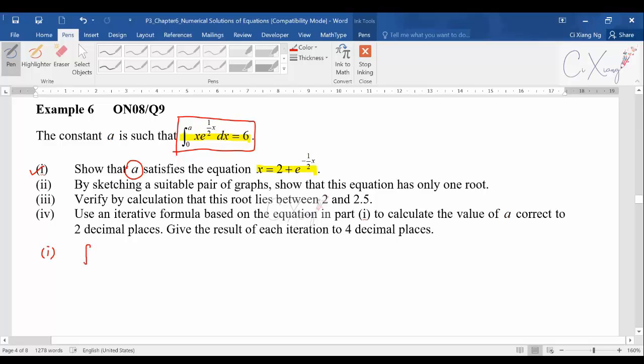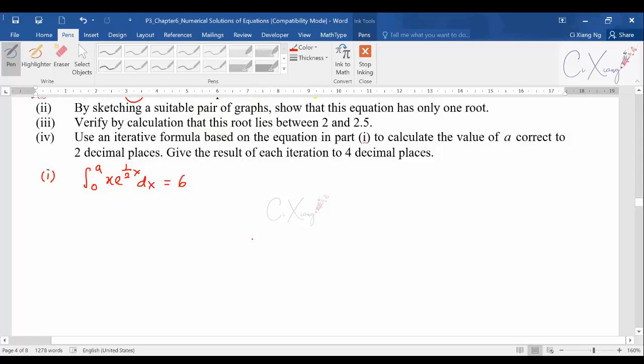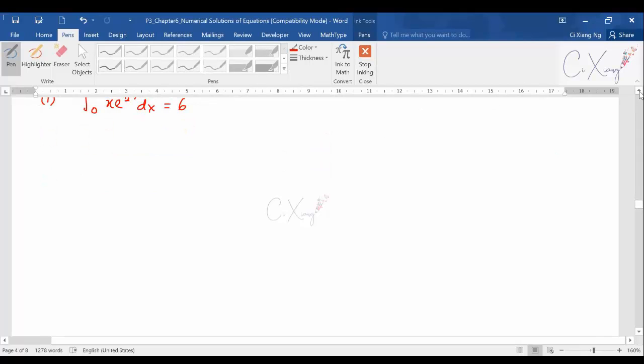If you look at this equation, they want you to do the integration. Generally, what integration method you should use, you have to decide on your own. So what is the integration method that can be used for this equation?